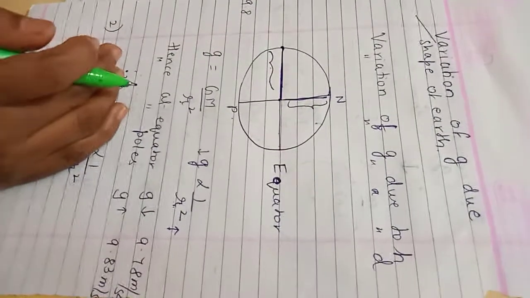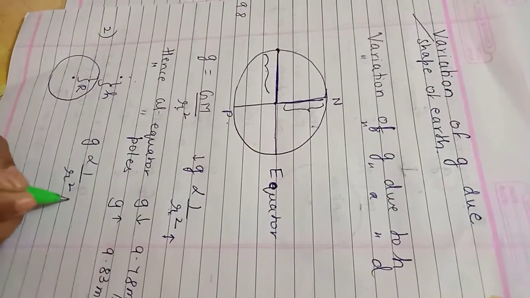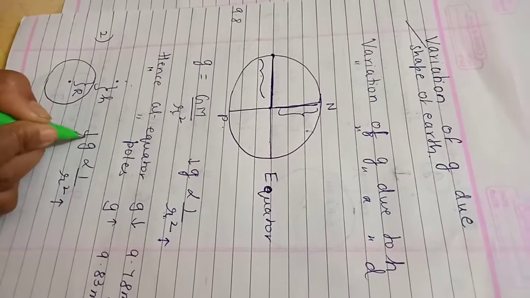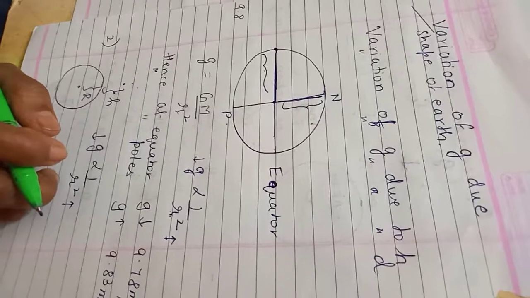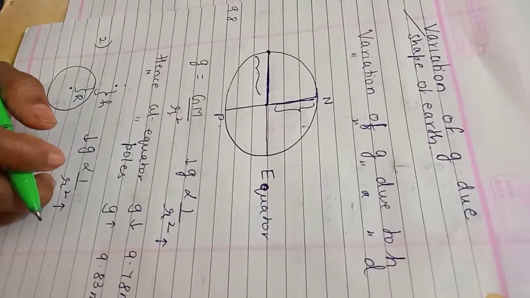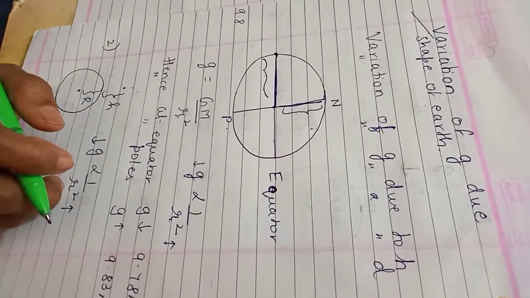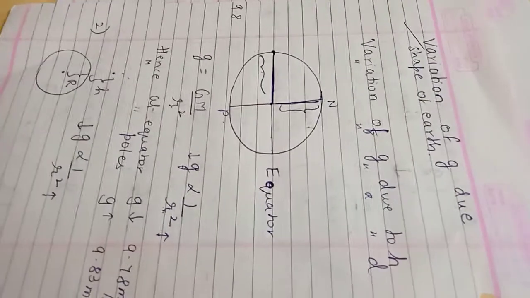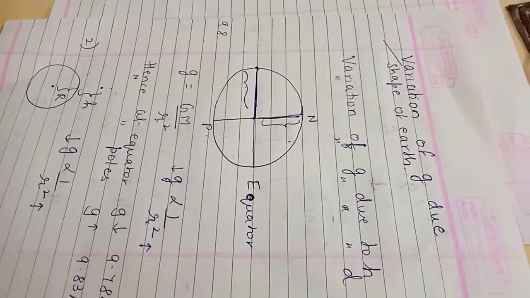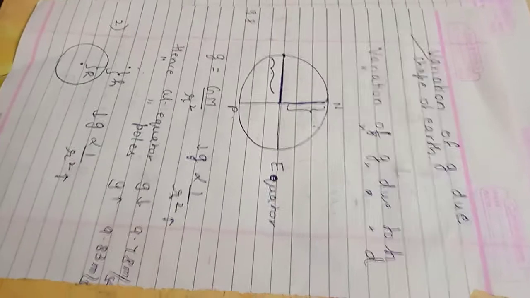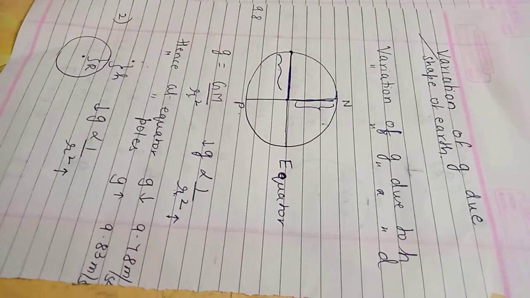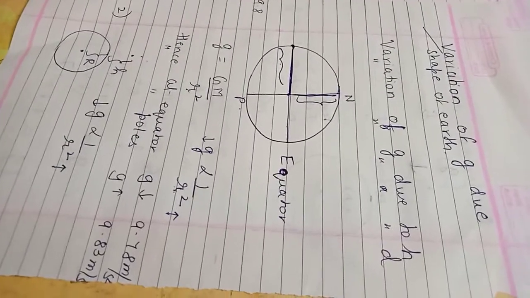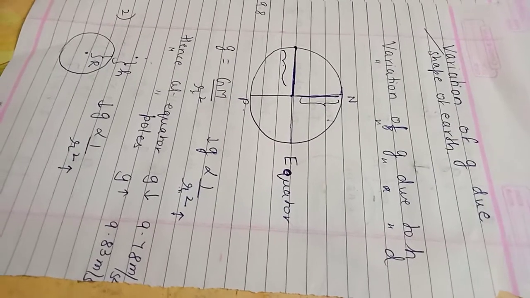As we move higher and higher, distance increases. Naturally, acceleration due to gravity decreases. If you move higher from sea level, or to great heights like mountains or much higher, the acceleration due to gravity is comparatively lesser than on the Earth's surface. Why? Because the distance is more and g is inversely proportional to the square of the distance.